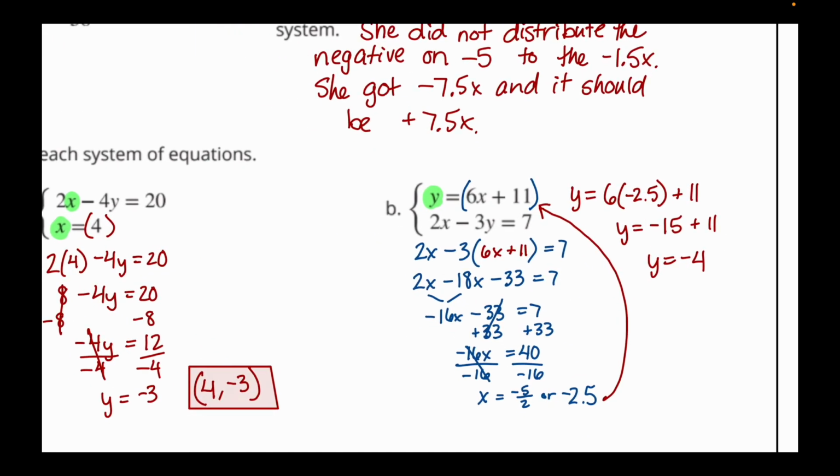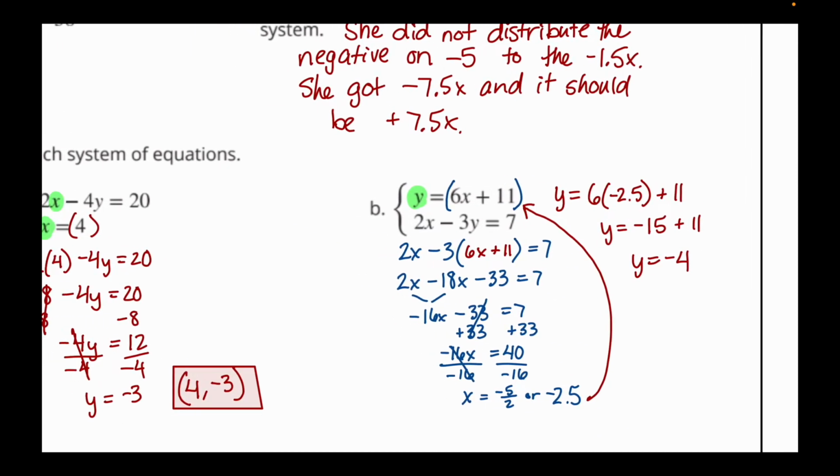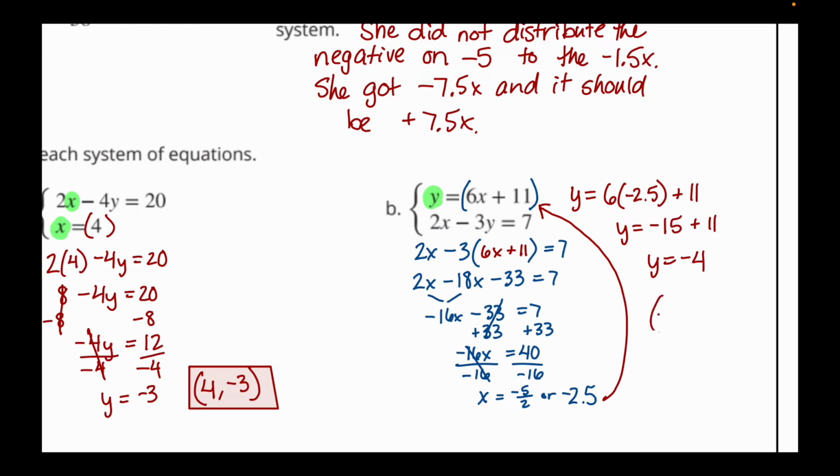Then we're just going to group them together. So this will be negative 2.5, comma, negative 4. And that is the answer to this one.